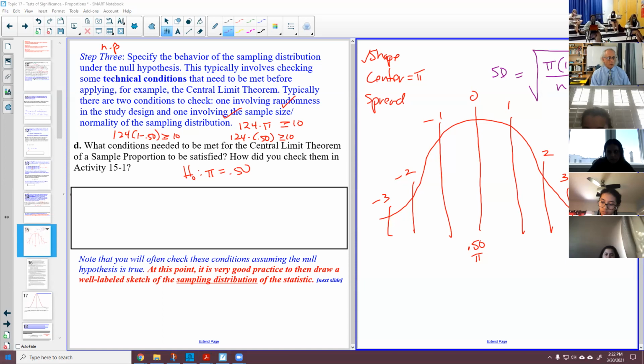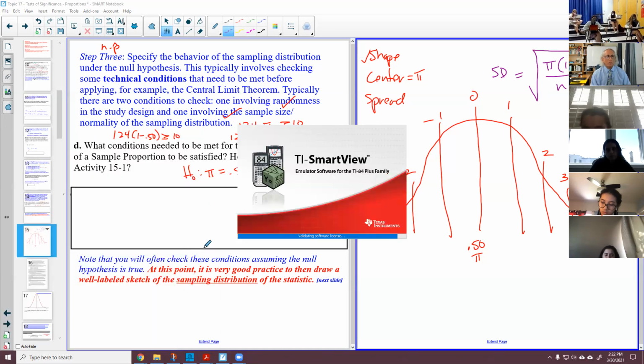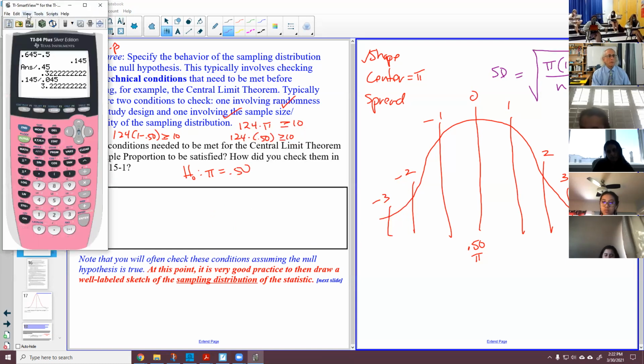So let's call up a little calculator over here. Okay, so I have pi, which is 0.5. It's not the 0.645.